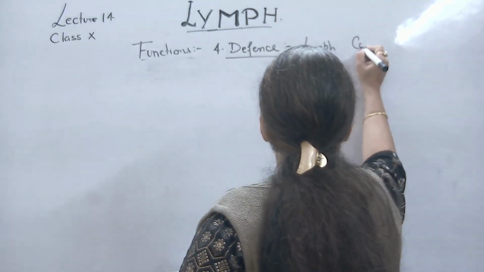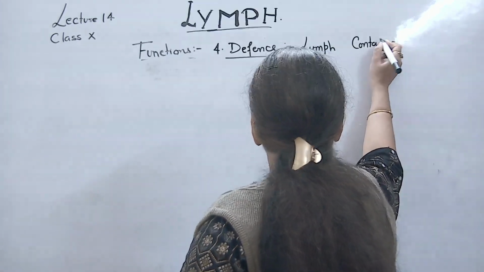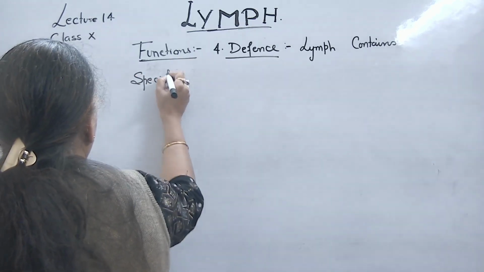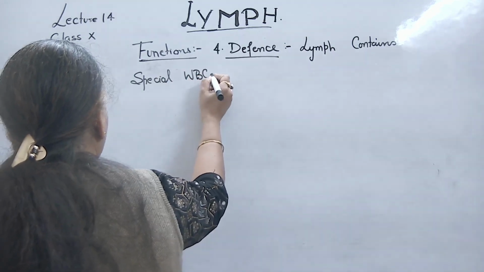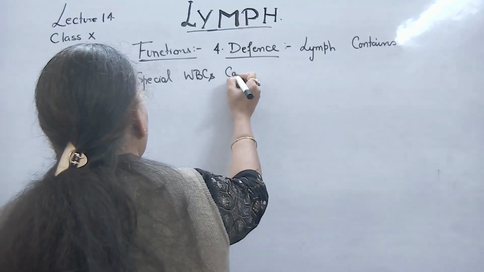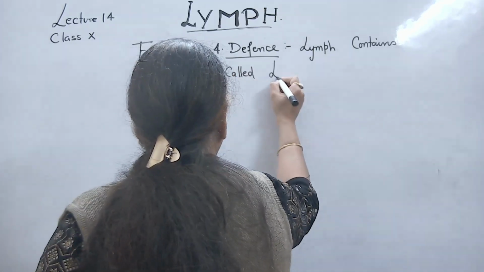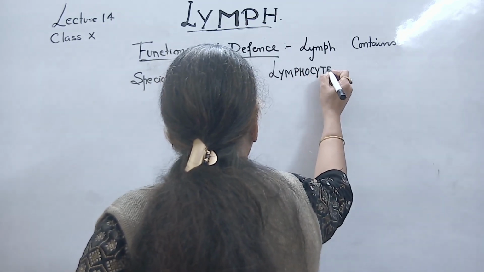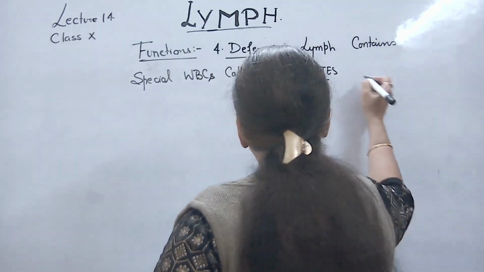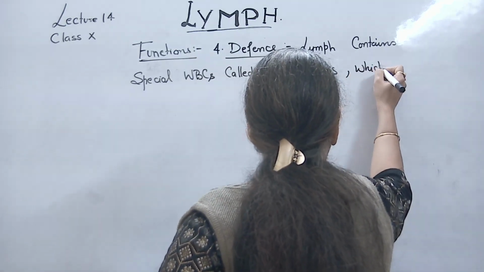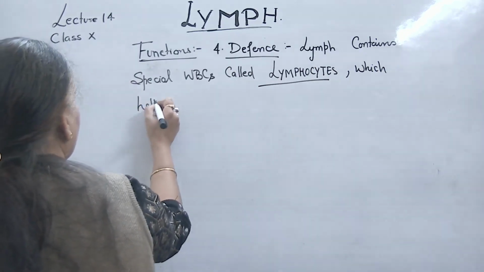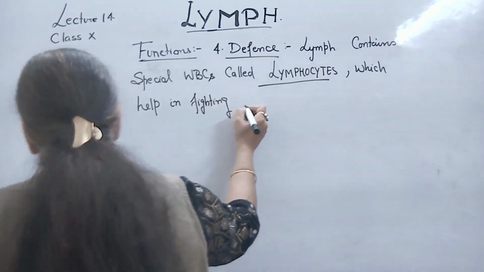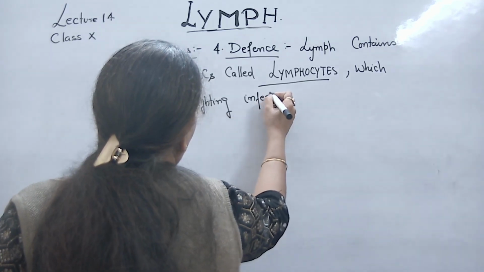Lymph contains special WBCs called lymphocytes, which help in fighting infection and diseases.